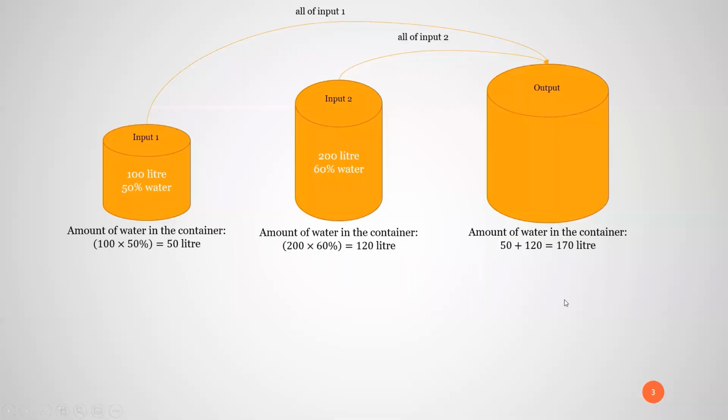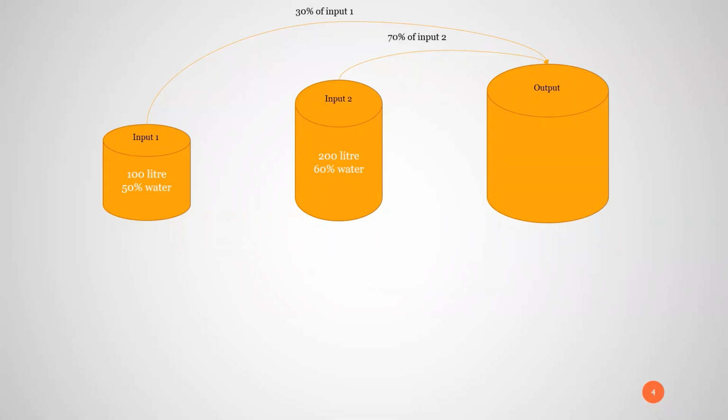Very simple calculation. The 50% of input number 1 is 50 liters, and 60% of input number 2 is 120 liters. So totally, 170 liters of the output will be water. In the second case, I am not using all of input number 1 and input number 2 to produce the final product.